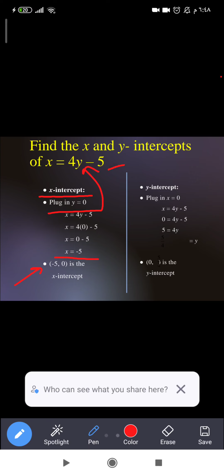The same way, when I want the y-intercept, plug in x equals 0 in the equation. I will find the point y equals 5 over 4, and it's called the y-intercept.